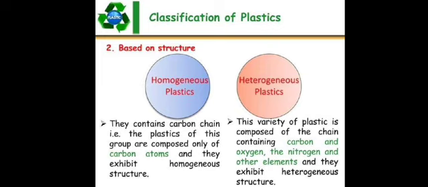In the heterogeneous structure, this variety of plastics is composed of a chain containing carbon, oxygen, nitrogen and other elements, and they can exhibit heterogeneous structures. Based on the structure, we can modify the composite material.